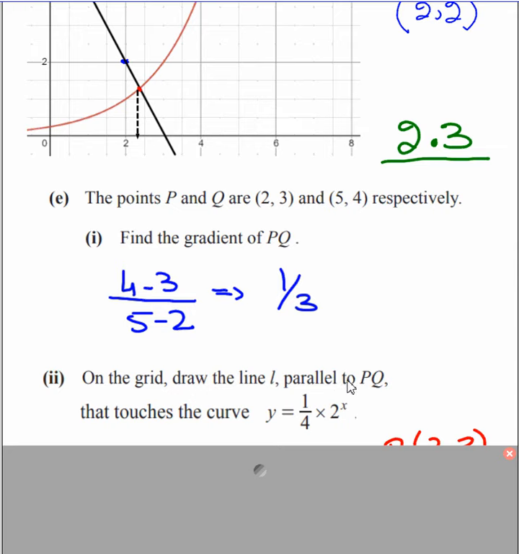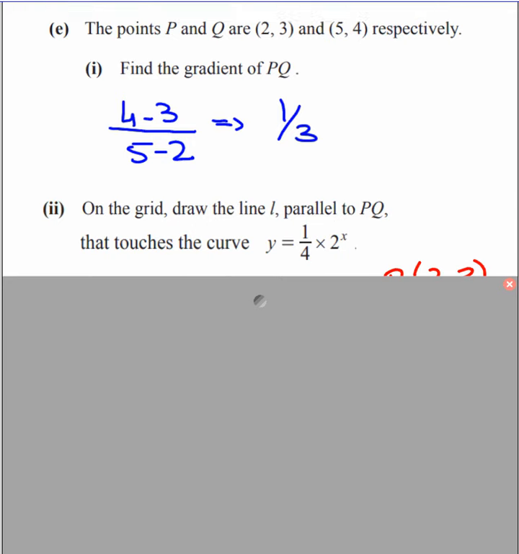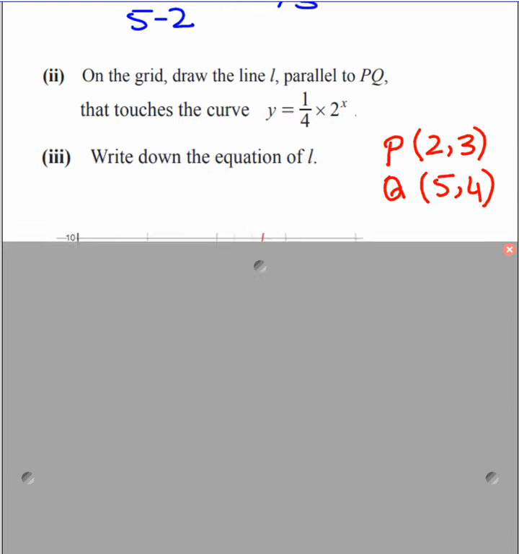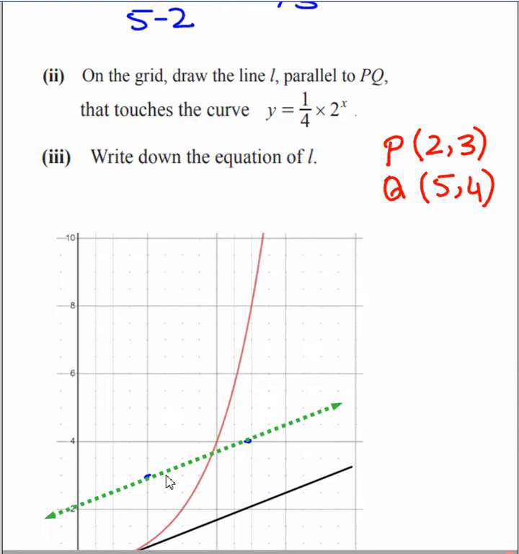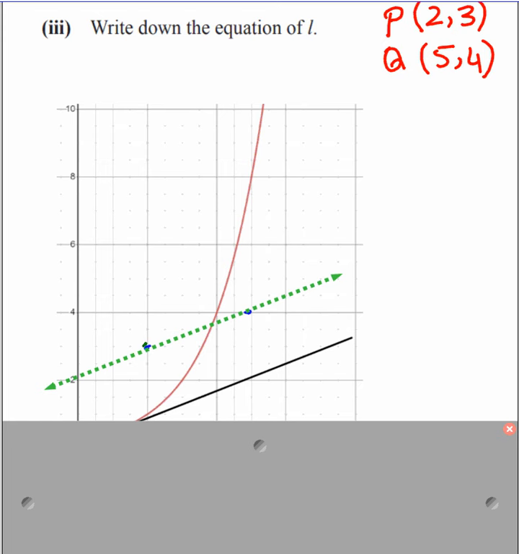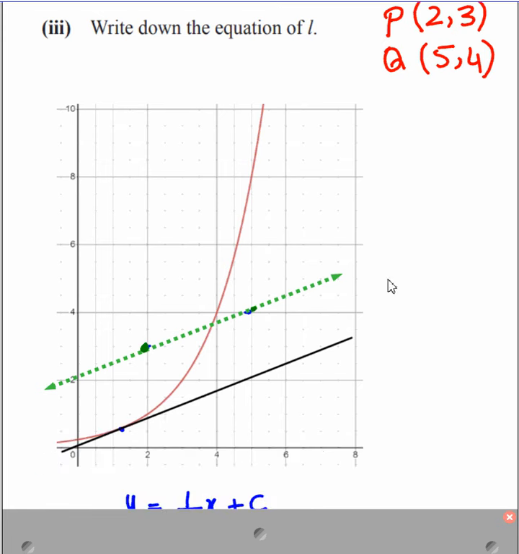Now, a line which is parallel to PQ and touches the curve, what does it mean? So first of all, we will draw a line PQ, right? I have drawn this line, green color line is PQ, right? These are the 2 points which were given to us in the question, 2, 3 and 5, 4.